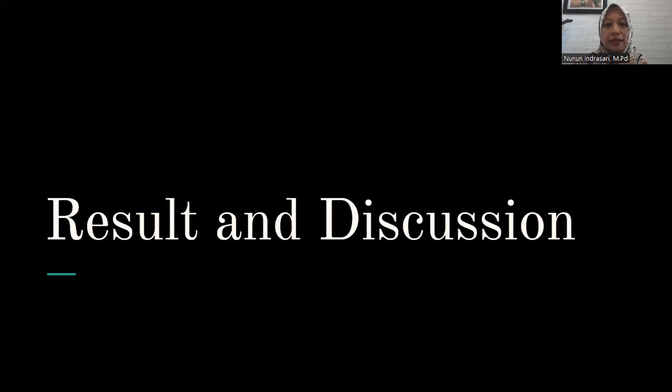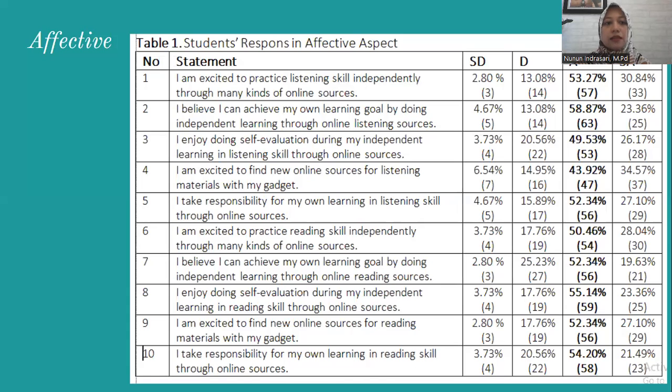And then the next is the result and discussion. The result would be displayed based on 3 aspects of attitude. The first one is affective. The affective aspect would reveal the students' emotion and feeling related to doing autonomous listening and reading activities in online environment.